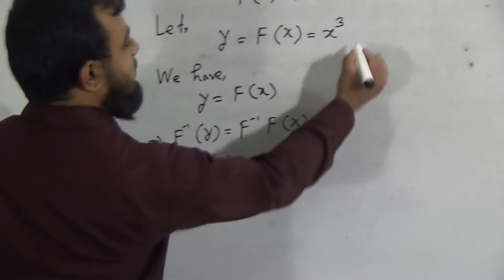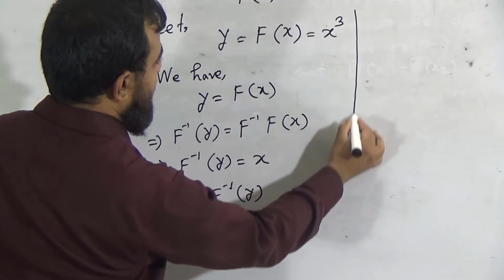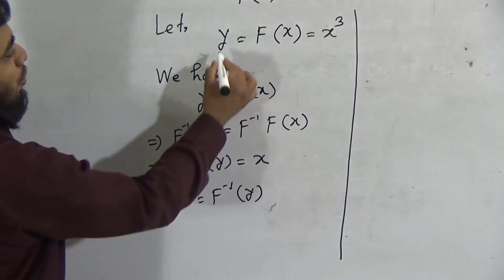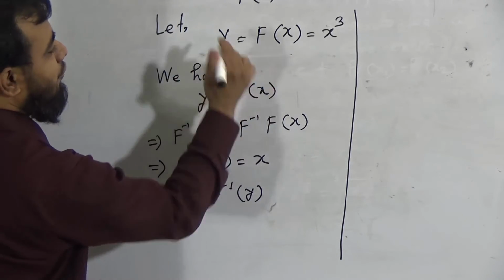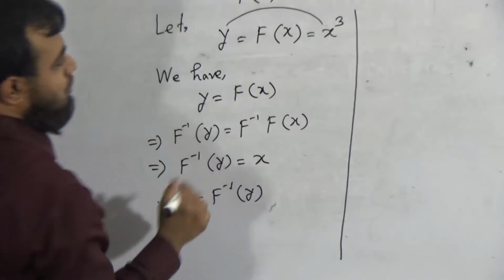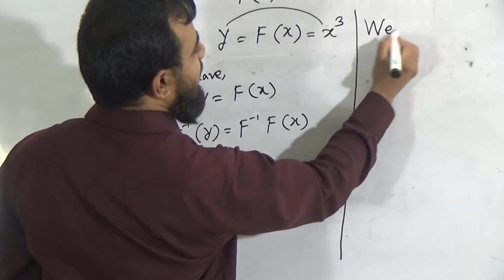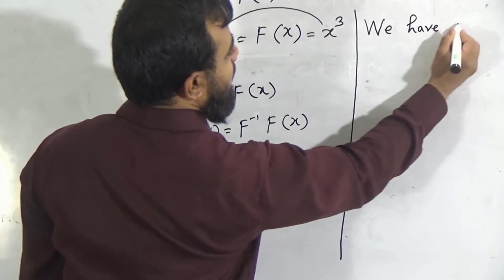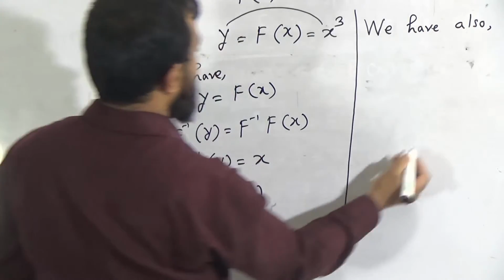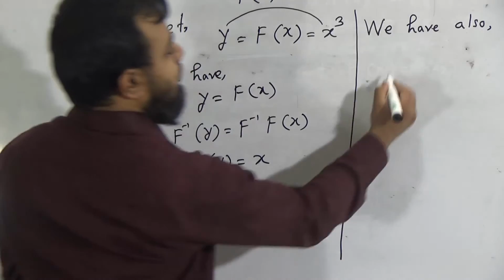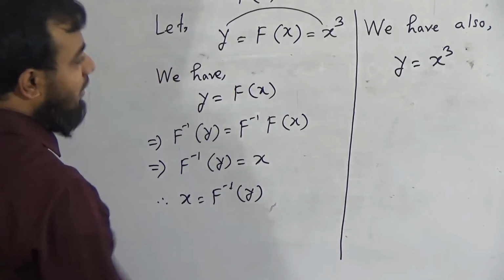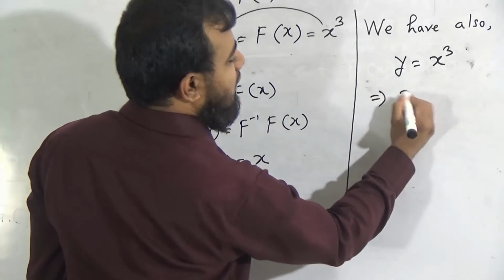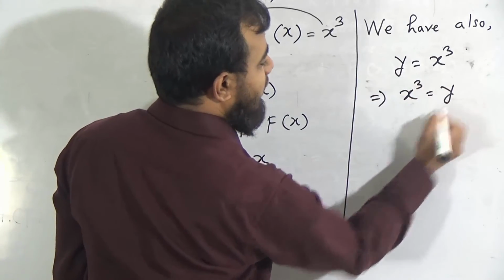Now my dear students, from the first and third relation we can also write y equal to x cube. Now we can write this on the left side, x cube equal to y.